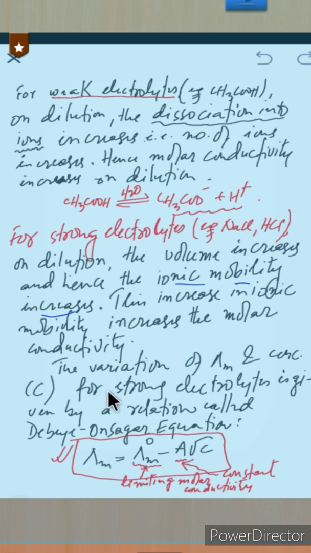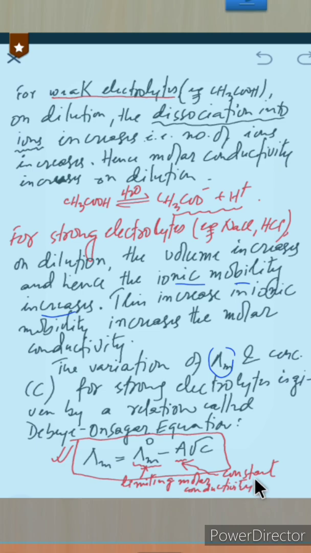So in case of strong electrolyte, the variation of lambda m and the concentration C is given by this equation, which is called the Onsager equation. Lambda m is equal to lambda m naught or lambda m infinity minus a under root c.